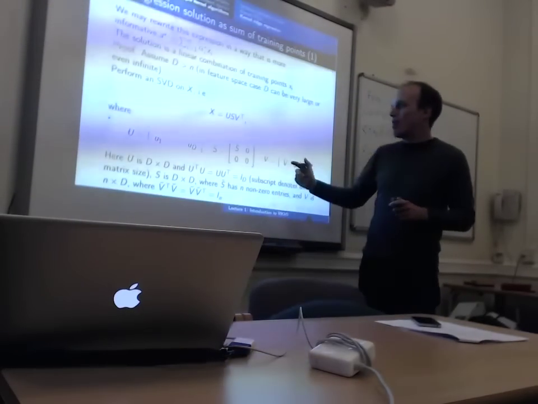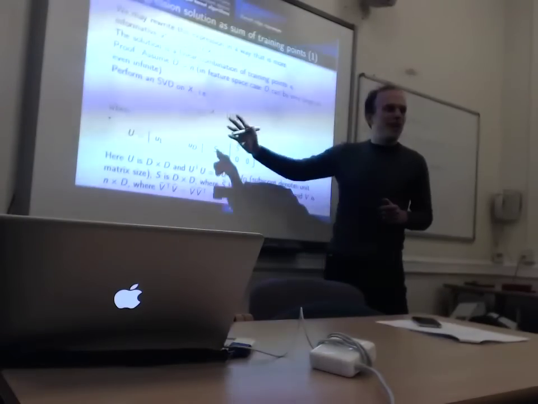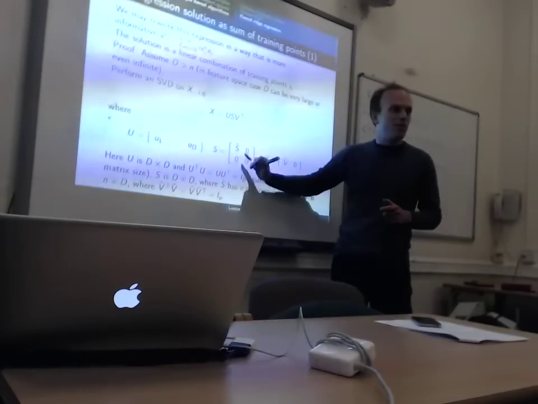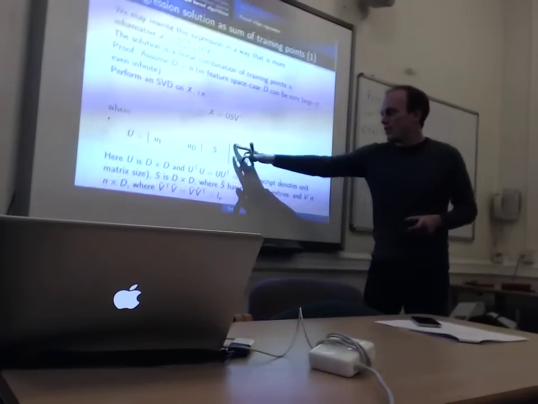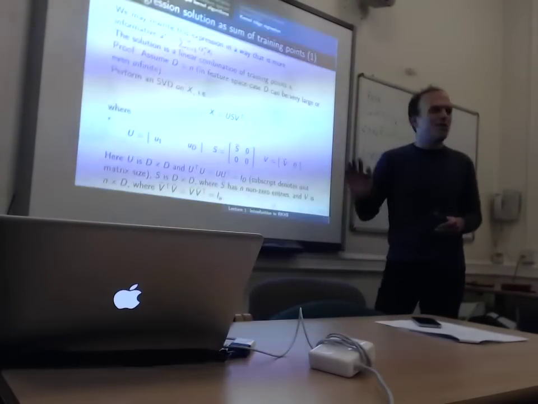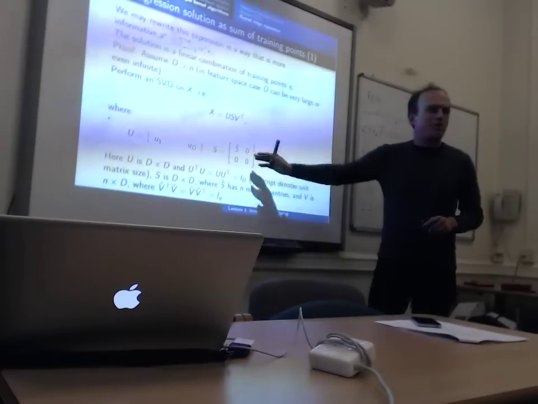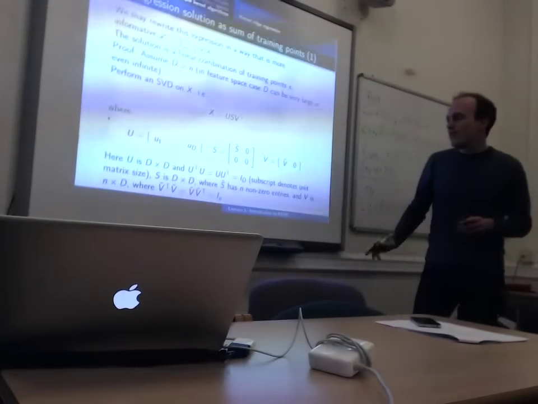This S here, because x is only d by n, there can only be n non-zero singular values. But this is a d by d matrix. So the first n diagonal elements will be non-zero, and then I'm going to fill everything else with zeros because there are no more non-zero singular values.